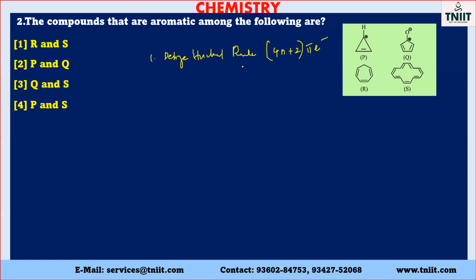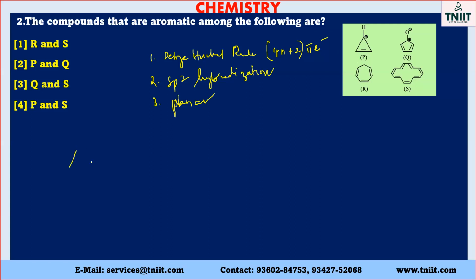Any molecule which has 4n plus 2 pi electrons follows Huckel's rule, and the molecule will be said to be aromatic. Second, the molecule should have sp2 hybridization. And third, the molecule should be planar. So if these 3 criteria are satisfied, then we can say the molecule is aromatic.